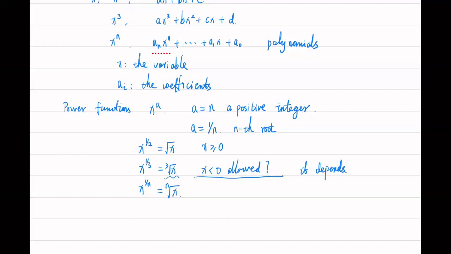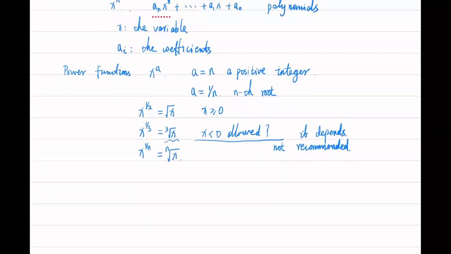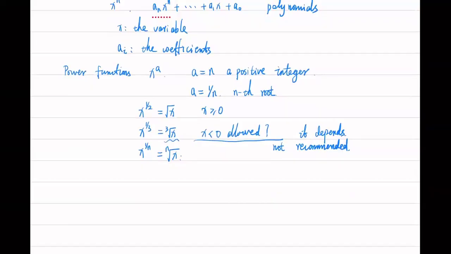Okay. For me, I would discourage this. This is not encouraged, I may not recommend it. So whenever we deal with fractional power, we only allow positive numbers. So that's my recommendation, x has to be non-negative. Okay.